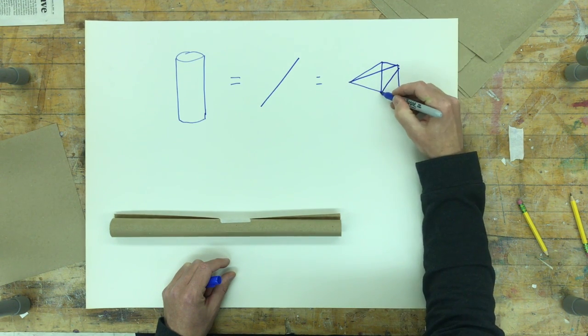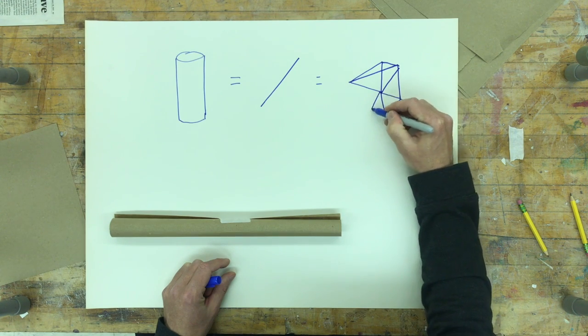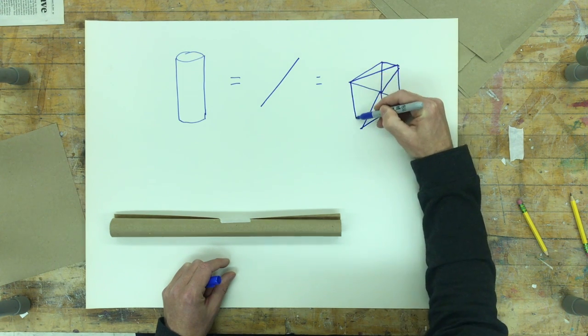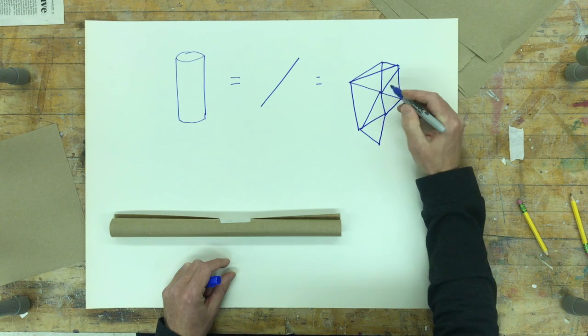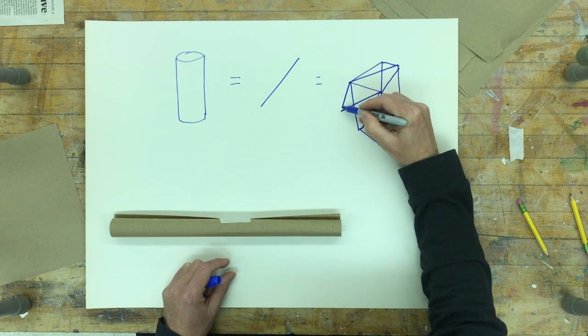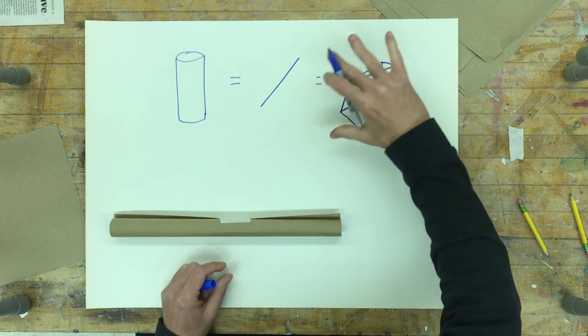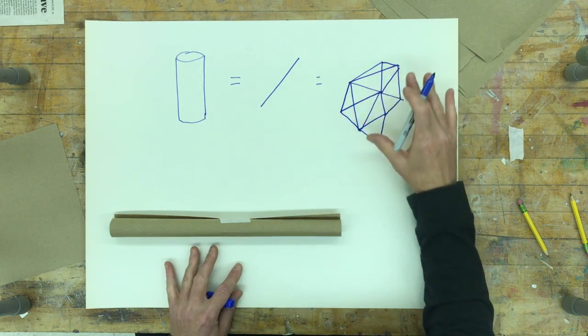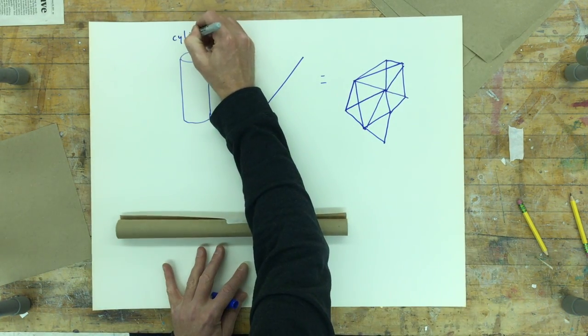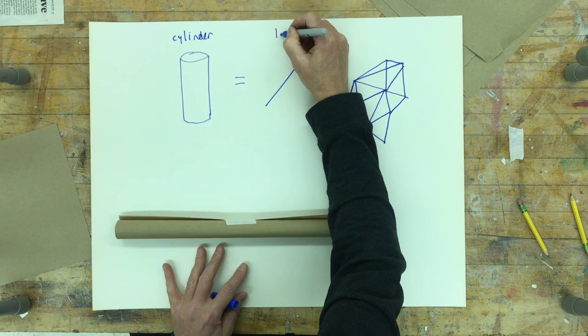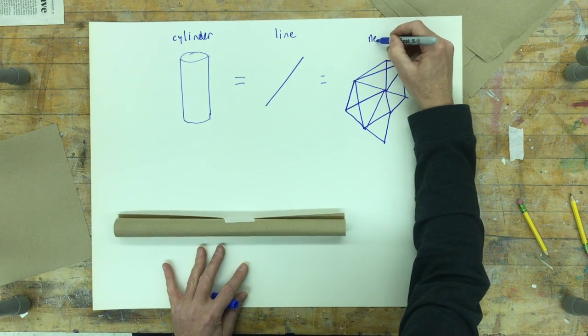And what we can begin to do is to multiply out those lines and those elements to create things that have a lot more inherent structure. So we would call this a network. So we have a cylinder that becomes a line and creates a network.